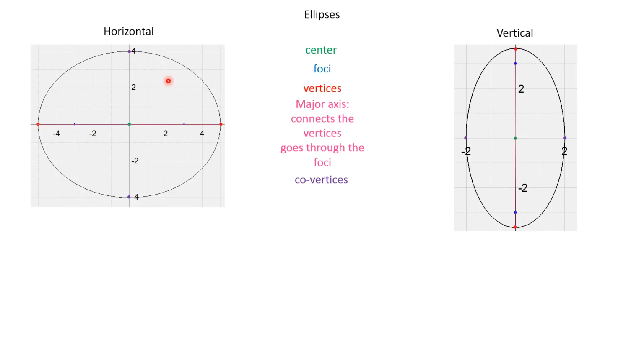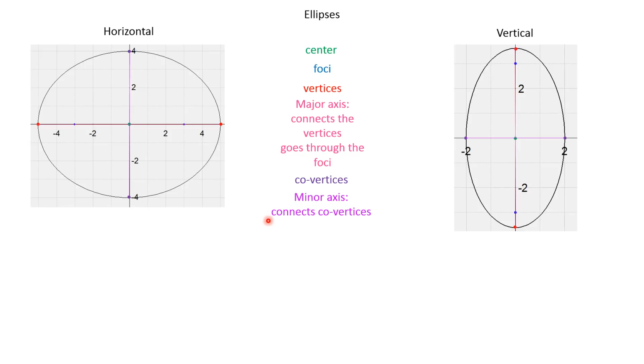Notice the only real difference between them is the name. The covertices in horizontal are the vertices in vertical, and vice versa. And the covertices are connected by what's called the minor axis. It just connects the two covertices. So it's vertical in a horizontal, and horizontal in a vertical.